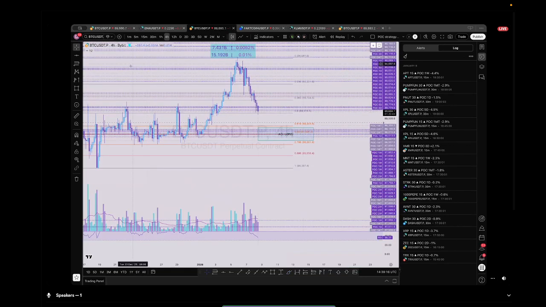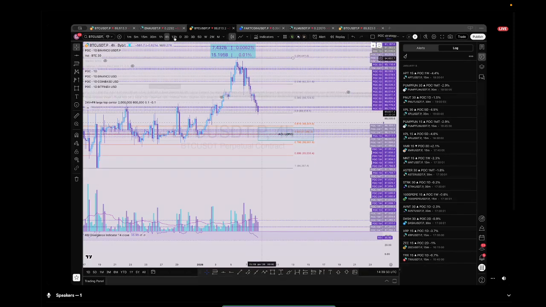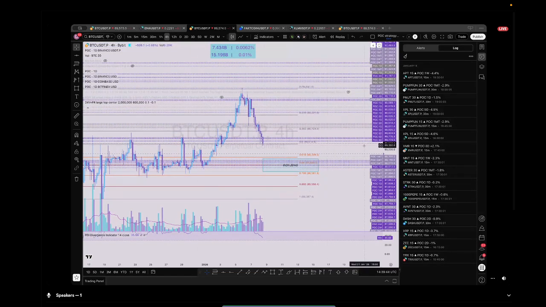For example, here on BTC, I have a lot of exchanges: Binance USDT-P, Bybit, Binance USD, Coinbase, Bitfinex, and Binance USDT-P again. I have this double, so we don't need this. You have a lot of levels, and it can look a bit of a mess, but once you get used to it, you cannot live without them. POC is everything, I know.